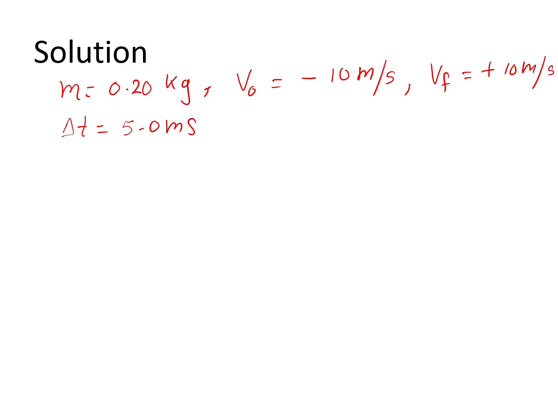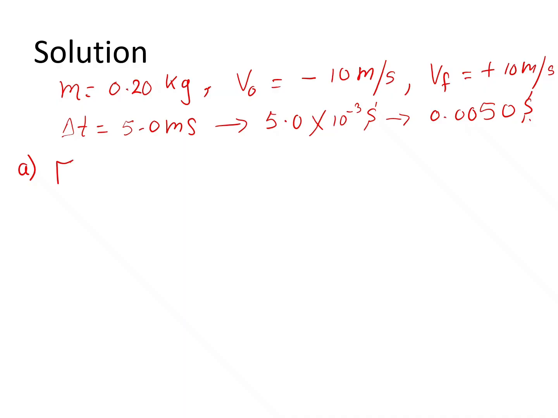So milli is 10 to the power minus 3. So this is 5 times 10 to the power minus 3 seconds, and that is 0.005 seconds.